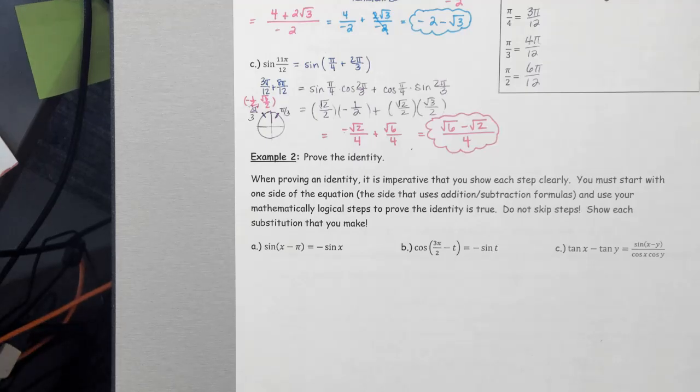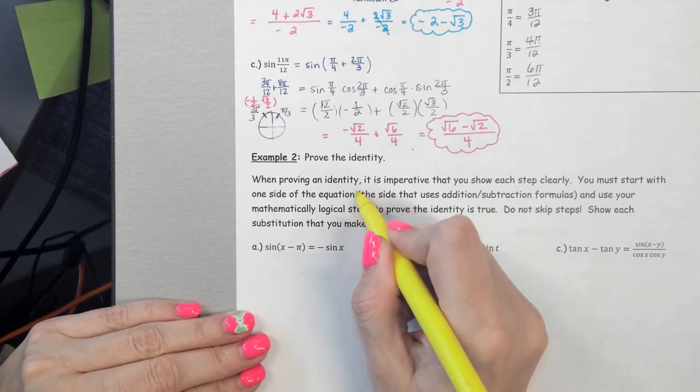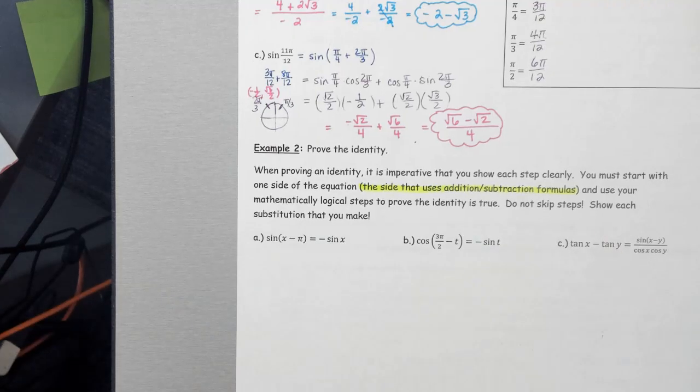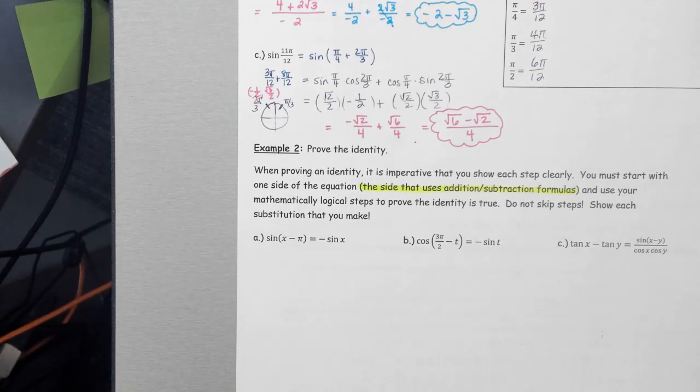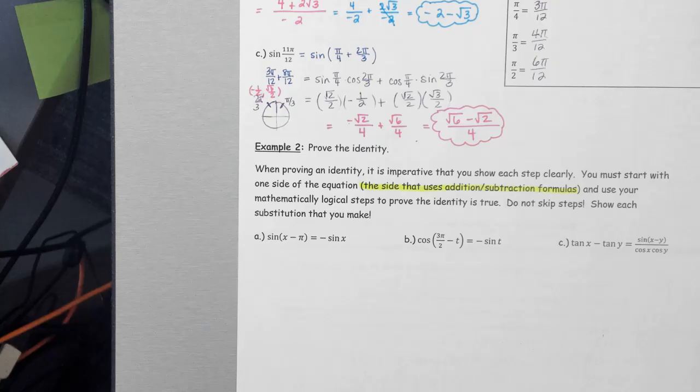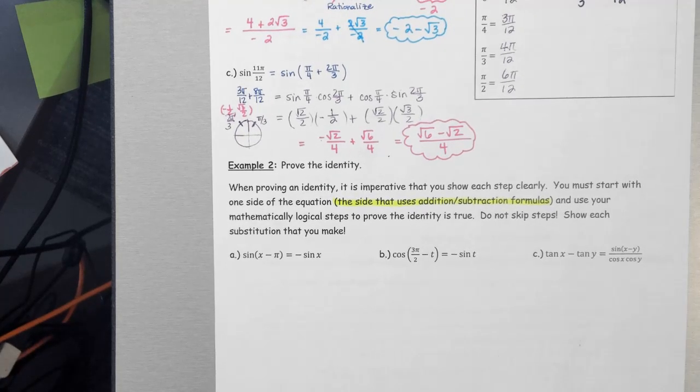All right, and then we're doing more prove the identities. So it's really imperative that you're showing each step clearly. So you're going to start with one side. Today, that's going to be the side that uses your addition and subtraction formulas. Then you're going to use these logical steps to prove it's true. And just like we did yesterday, we're going to be justifying each step.